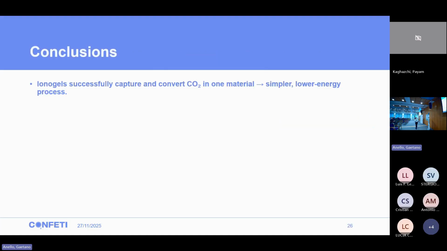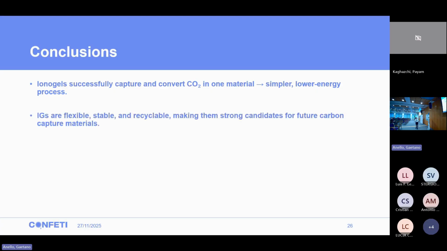And finally, for the conclusions, ionic gels were successfully able to capture and convert CO2 to CO. They provide us with a simpler and lower energy process due to their ability to capture and reduce CO2 in one step. Also, the ionic gels are flexible, stable, and recyclable, which makes them good carbon capture and utilization materials.